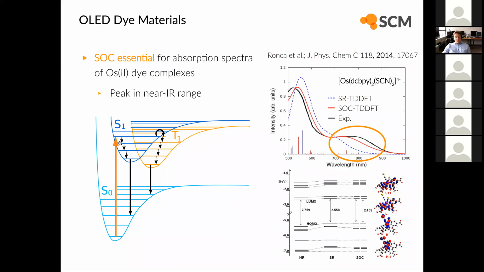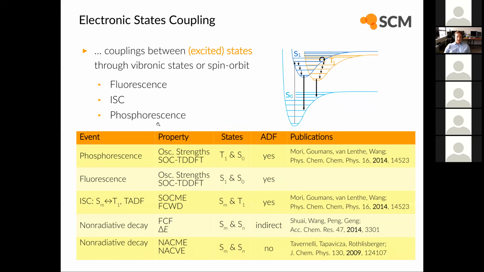However, when it comes to OLED materials, one usually has to deal with different kinds of phenomena. For example, usually one has charges which meet in the OLED layer, and then these charges, so basically electrons and electron holes, when they meet, form excited states. They can be either singlet or triplet states, and then there are all kinds of different pathways possible between which the system can transform itself.